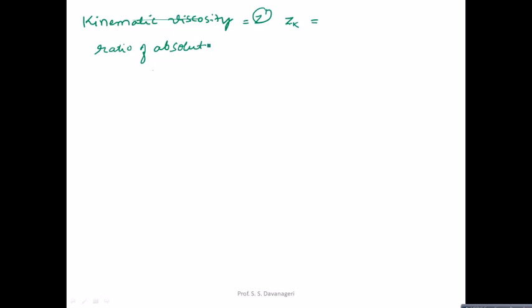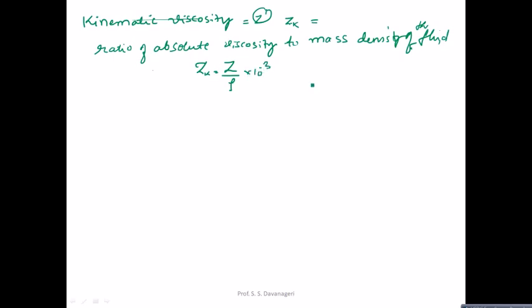According to the data handbook, it has been noted as Z specific K. Now this is defined as the ratio of absolute viscosity to mass density of fluid.